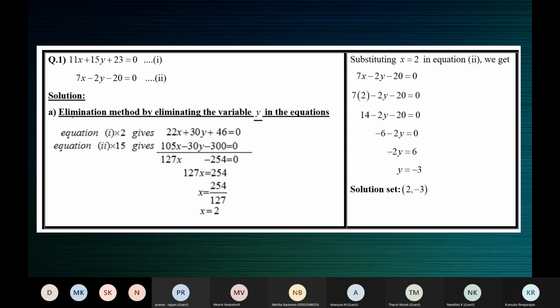Now, here you see the elimination method of solving the two equations and finding the values of x and y.